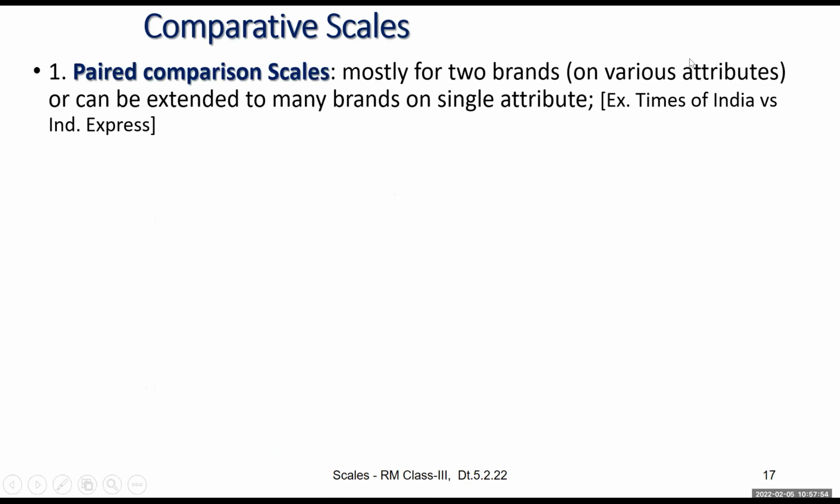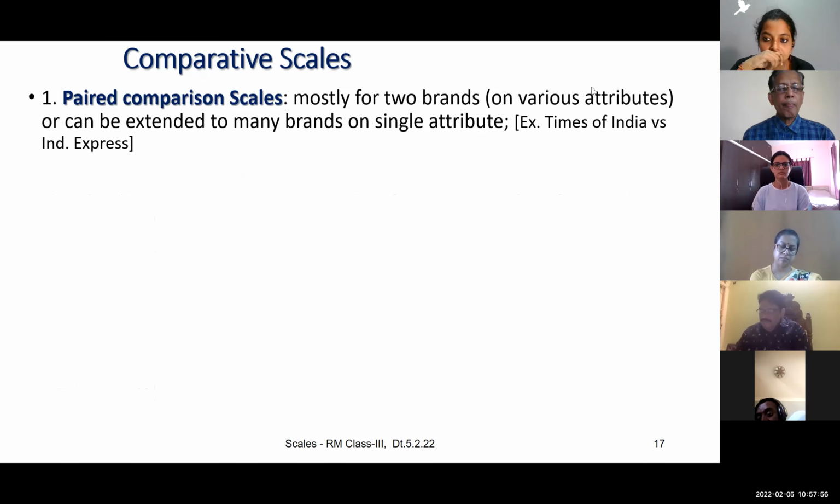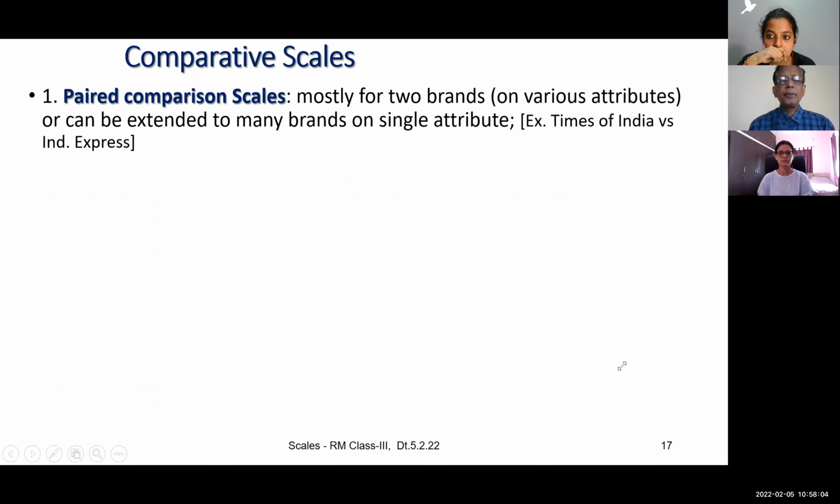Now, when we have the need of contrasting and comparing two competing brands, say, for example, Times of India versus Indian Express. Put it in two columns. Say, for example, current news: who is good, who is better?